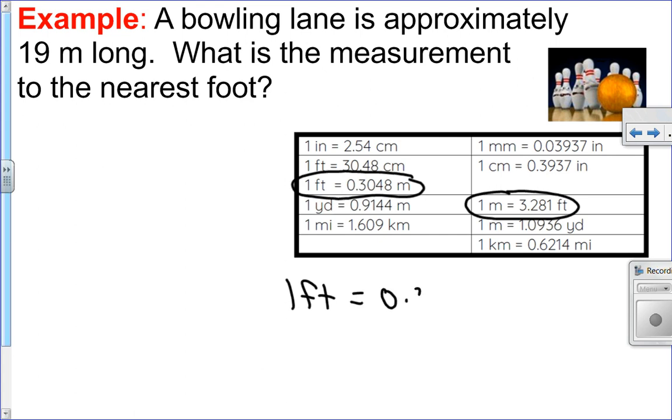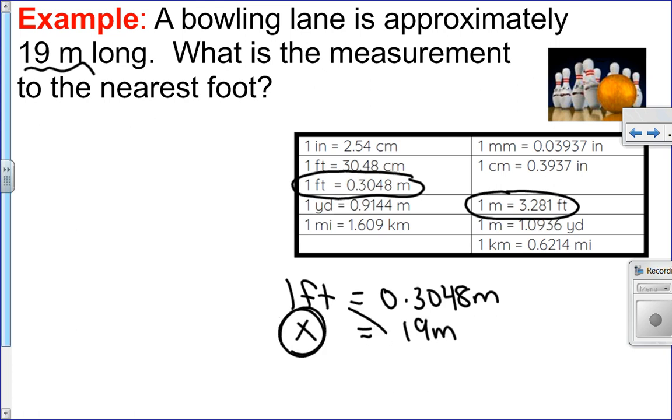1 foot is 0.3048 meters. Now I want to know how long 19 meters is, so I line it up with the meters in feet. So there's my variable. I'm going to cross multiply and divide. So 19 multiplied by 1 divided by 0.3048.